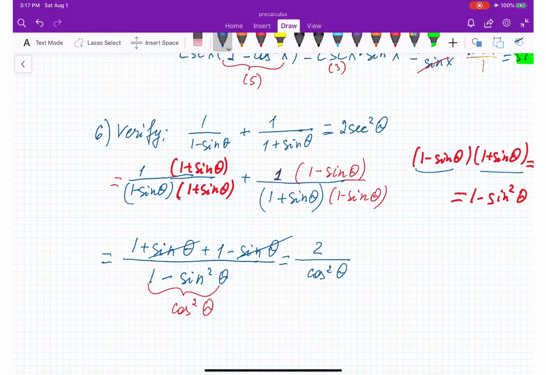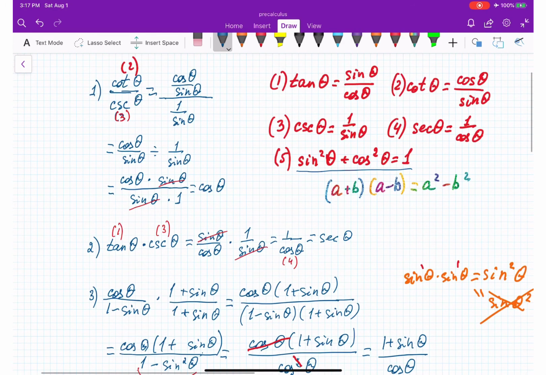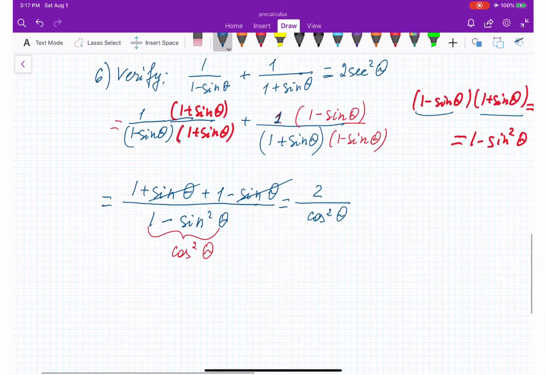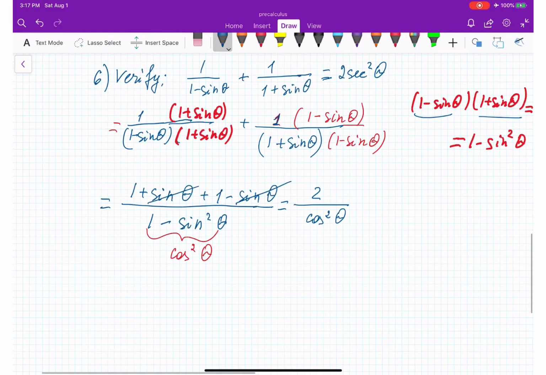All right, so we know one thing, that formula 4, 1 over cosine theta equals secant, right? We have 1 over cosine squared theta. Let me rewrite this. This is going to be 2 times, here I put cosine theta, and then times, let me write down even better way, even more understanding way.